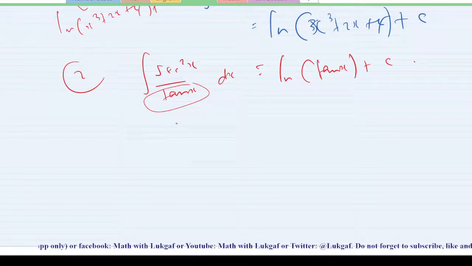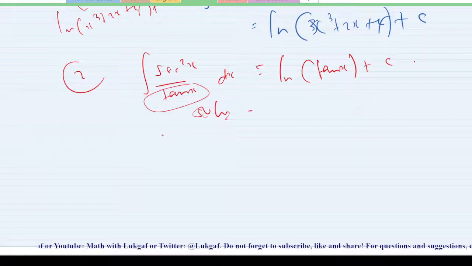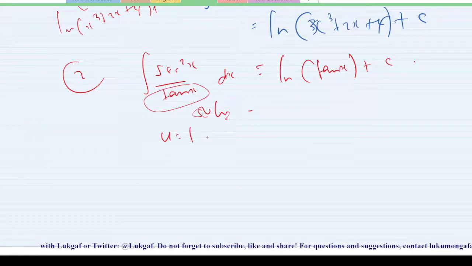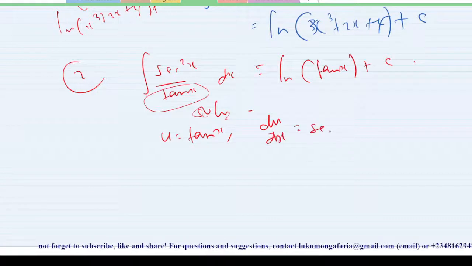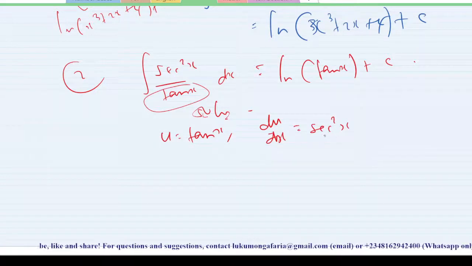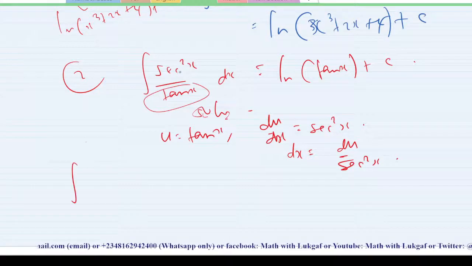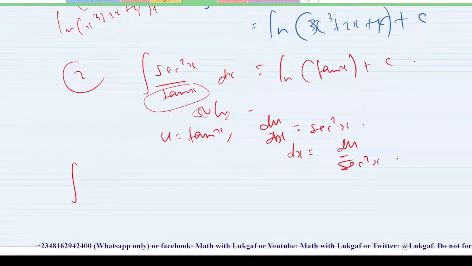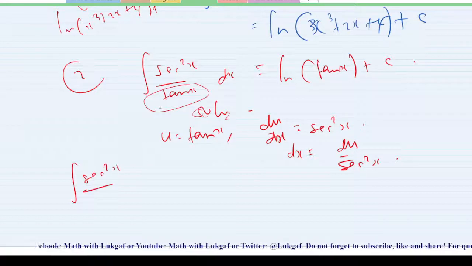Okay, let us show it. So we can also show that using u substitution, right? My u will be tan x, then you find your du dx, that is secant squared x, right? So your dx is going to be what? du divided by secant squared x. You go back to your question, you know our u, then you have secant squared x divided by, what is your u before?